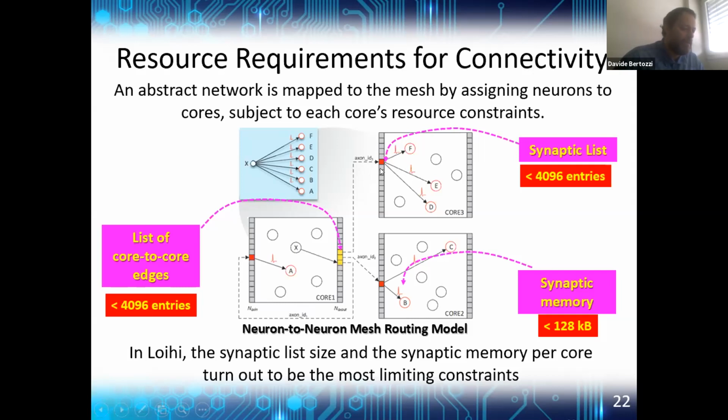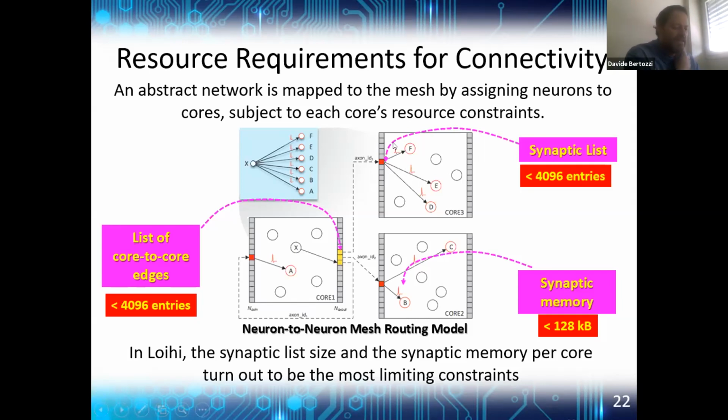This is another piece of memory, indeed, for the synaptic list, for the expansion list, for the distribution list. For each synapse, the state is fetched from the synapse memory and possibly modified. So once you get the axon identifier, you expand this into a synaptic list, and then you can fetch the state of this synapse from the synaptic memory.